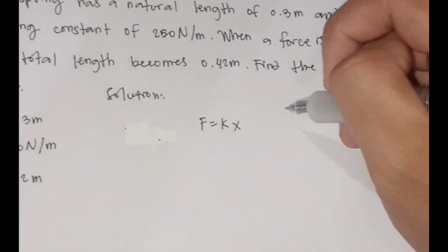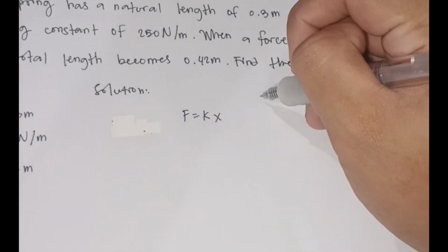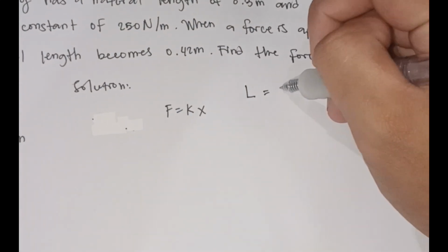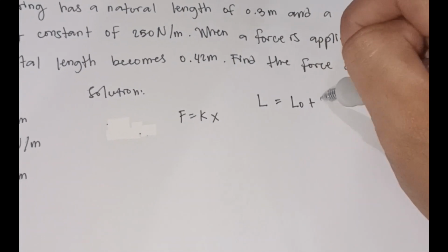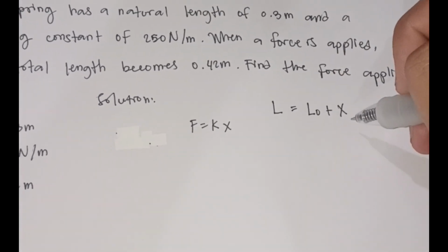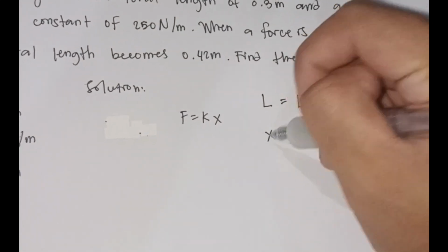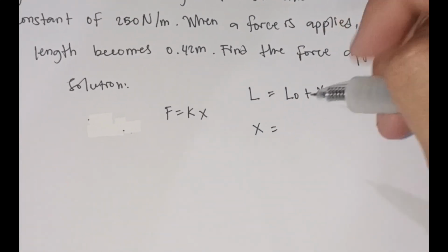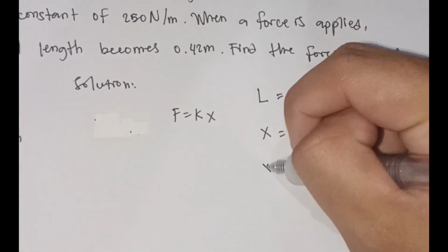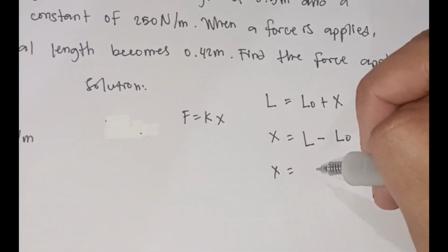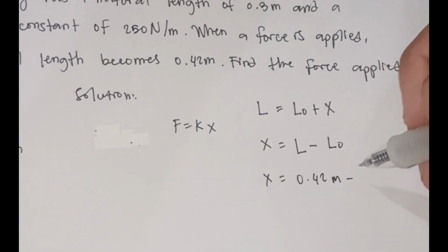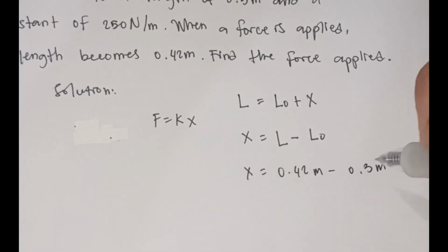So we need to apply the formula: total length is equal to natural length plus displacement. So let's substitute to get the x. So x is equal to length minus natural length. So length is 0.42 meter minus a natural length of 0.3 meter.